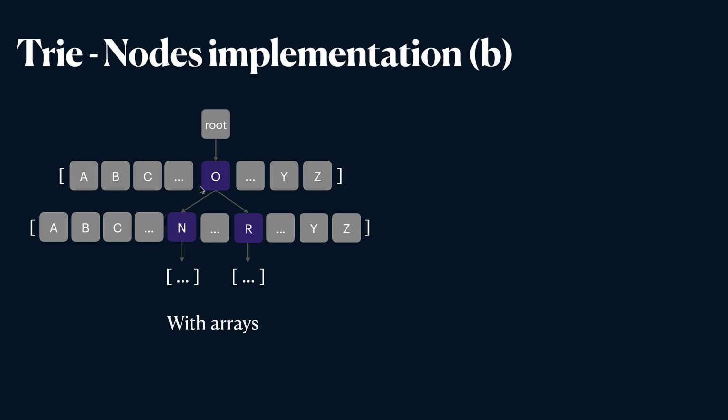And for example, here for the first level we only use O. It's in the middle of our array, but we assume that all other characters also consume space, even though they are not there. And some people are using that approach. I'm not a fan of that approach, but it's used.